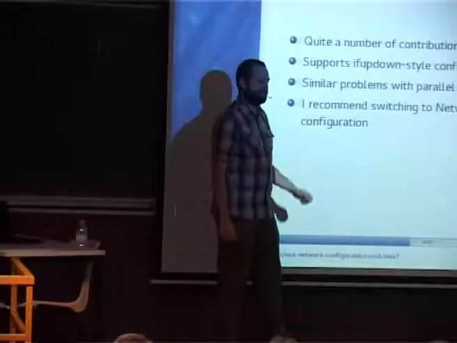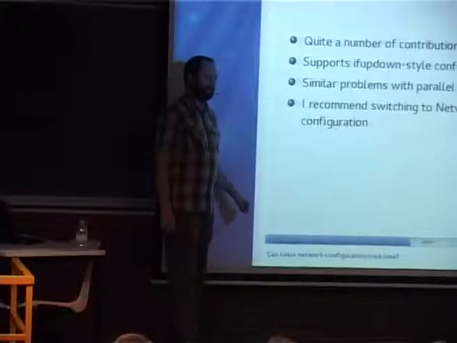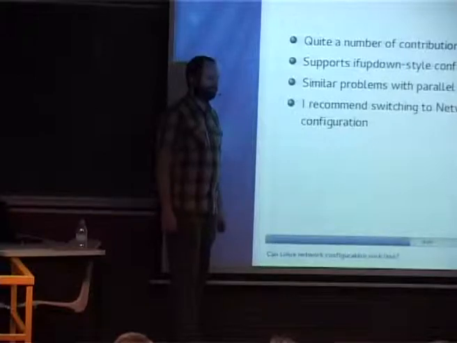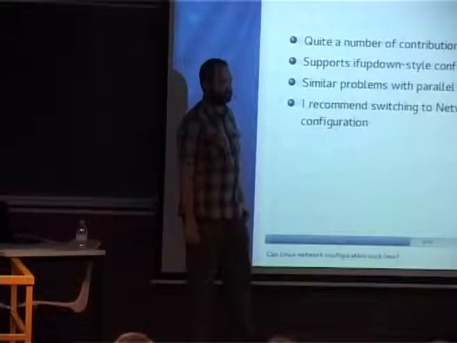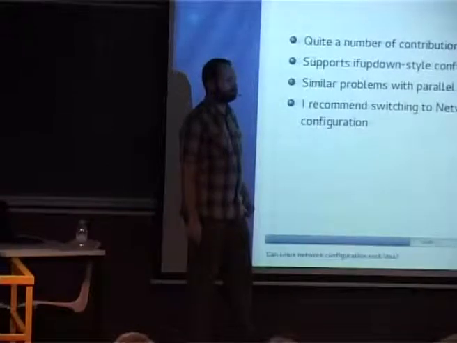So as I was saying, in Debian, in Squeeze already, if up-down style configuration is supported but disabled by default because it doesn't work so well. And for new installs, they do switch to Network Manager's native configuration.